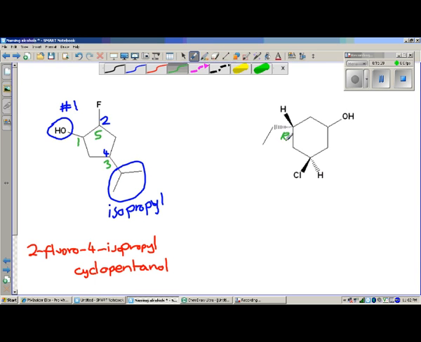We said that was R, that was S. We know the alcohol's on carbon number 1. The chlorine is going to be on carbon 3, and the ethyl here is going to be on carbon 5. But okay, let's hold our horses once again, because why couldn't we name it this way? Why can't we have the ethyl on 3 and the chlorine on 5?